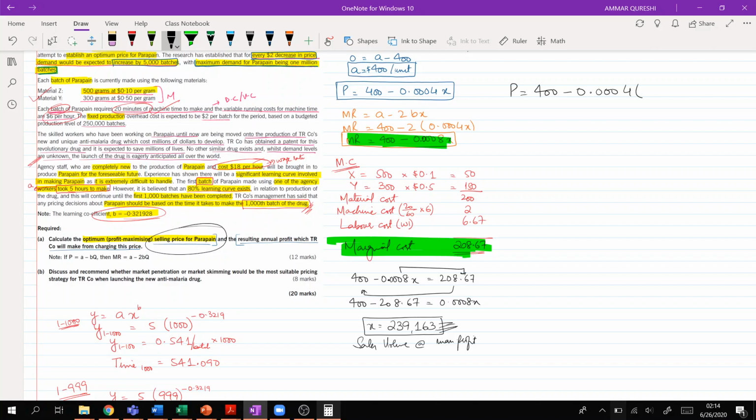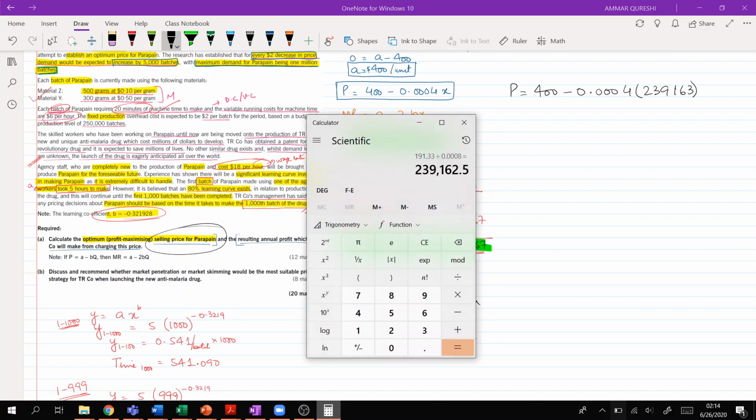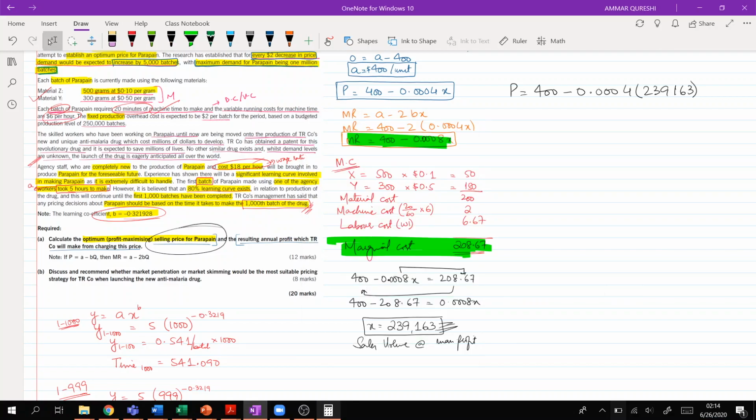X is this one, 239163. So 239163 multiplied by 0.0004 and minus 400, that will give you 304.3.